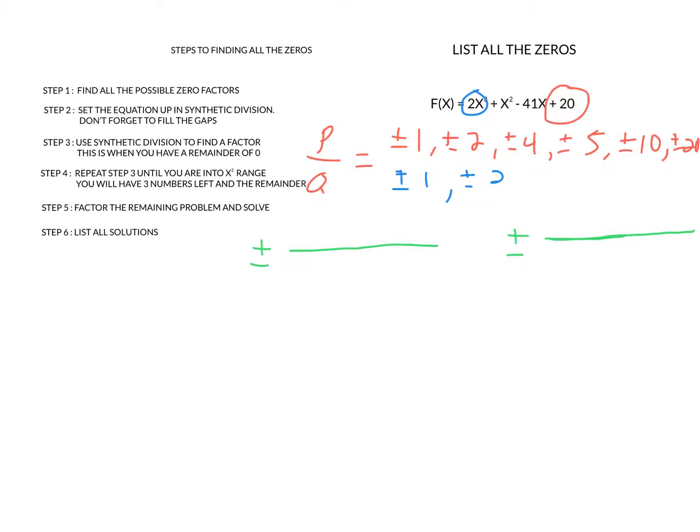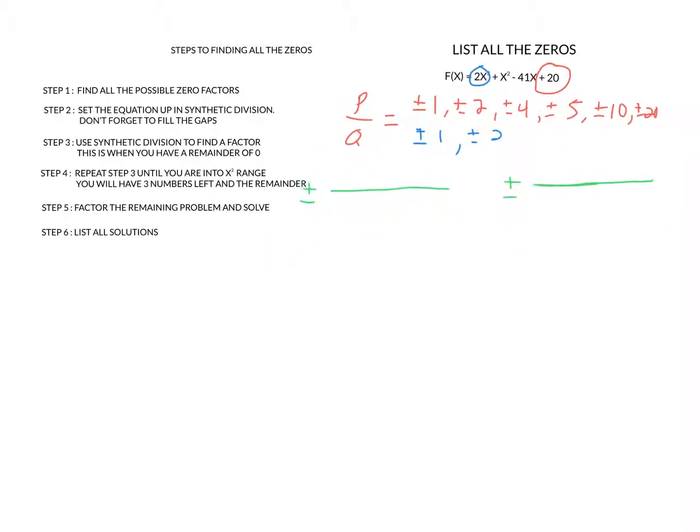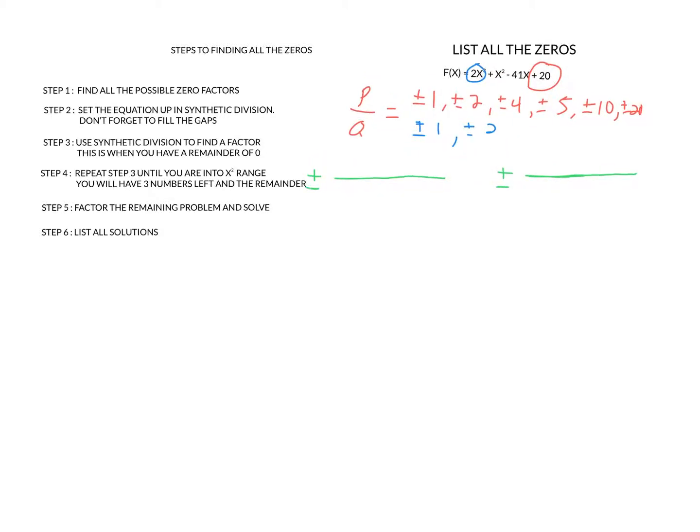Let's see if I can shrink this a little bit. Oh, perfect. Now again, our possible factors are when Q is 1, Q is 2. And again, we have the fun task of copying all these fun ones up here.